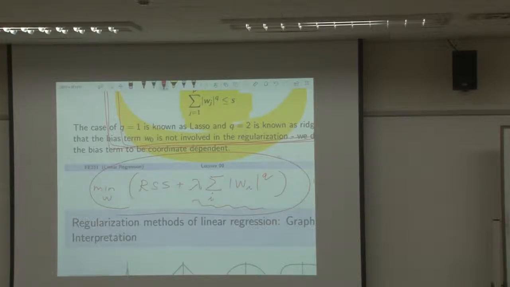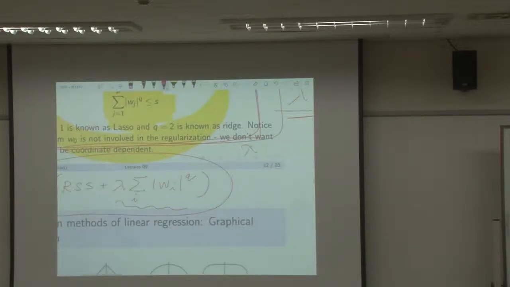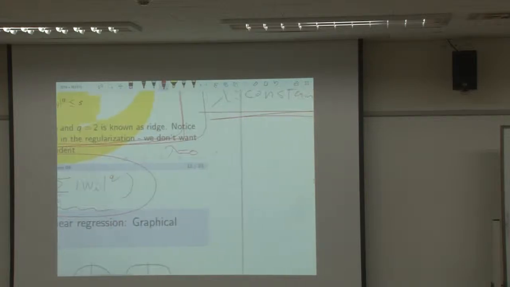If you don't have that, what are you going to get? Overfitting problem? You will call that overfitting problem. So now just write it. When lambda is equal to 0, you get overfitting.